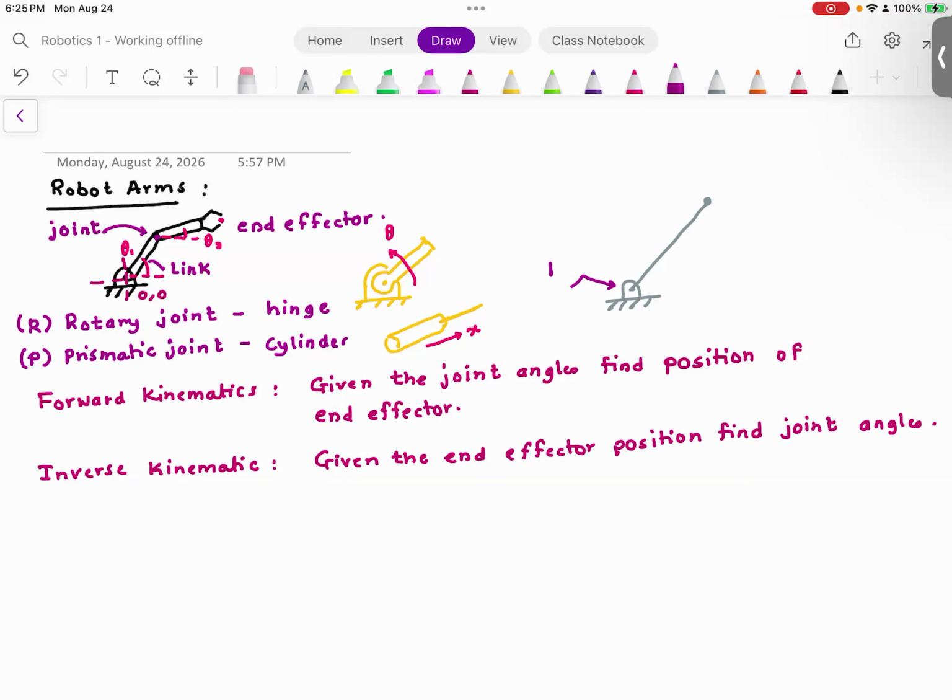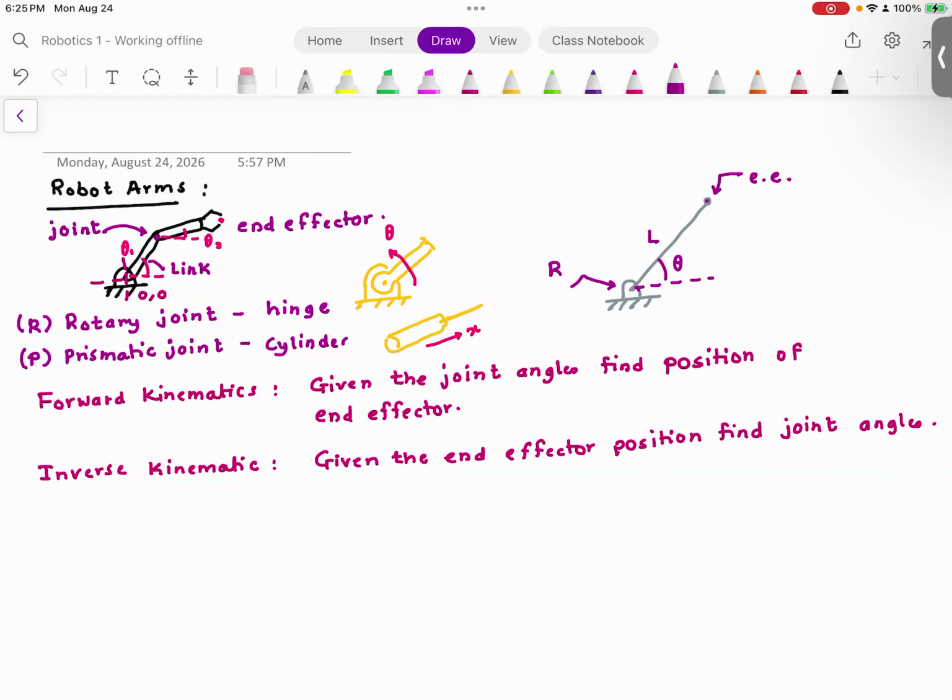This is a revolute joint, so I'm calling this R. Then I have a link L. And this joint is making this angle theta. Since this is the end effector, EE stands for end effector, I want to find out the position of the end effector with respect to the inertial frame or the reference frame.